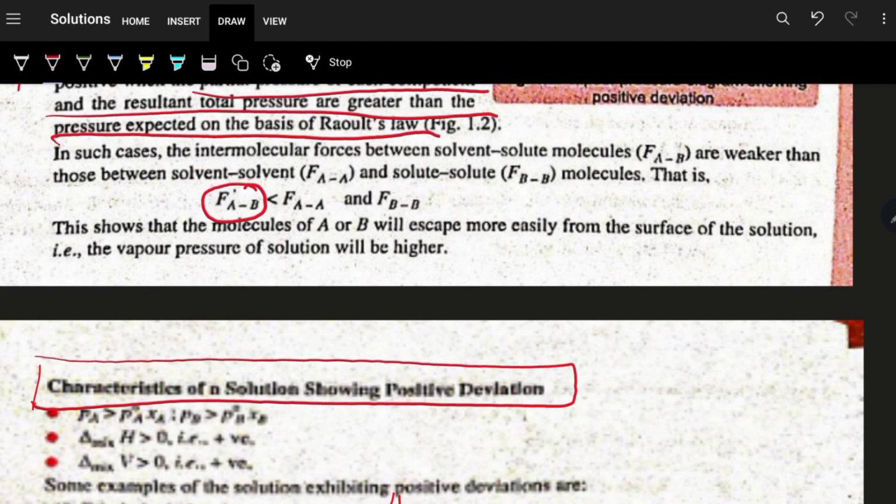If AB interaction is weaker than AA and BB interaction, then only you will obtain more of the vapors. If the solvent to solute interaction is weaker, then only more of the vapors you will get and the vapor pressure will increase, and it will show a positive deviation. The vapor pressure of the solution will be higher.